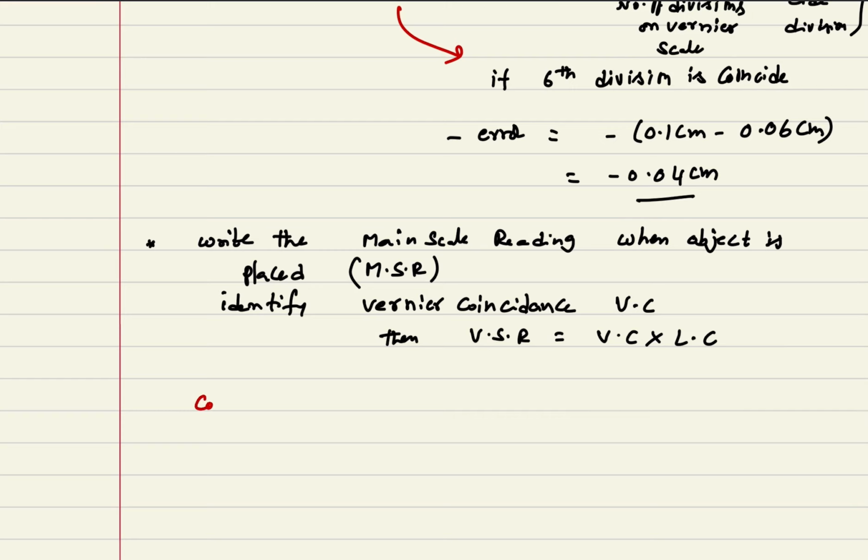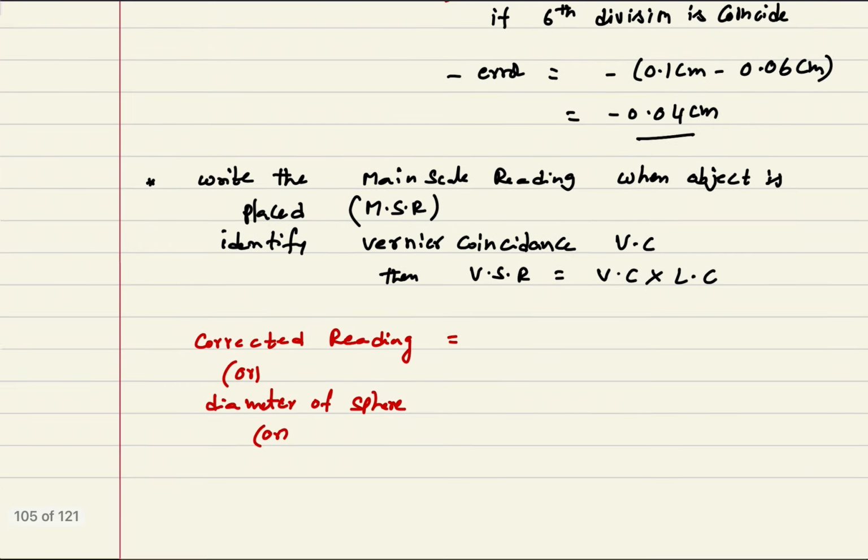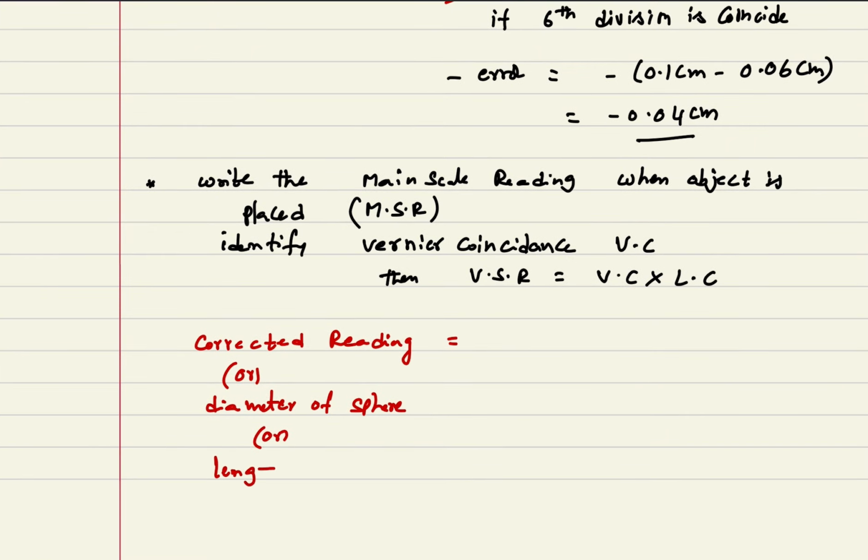Now you can write the corrected reading, for the diameter of an object, diameter of a sphere, anything, or the length of an object, as MSR plus vernier scale reading.